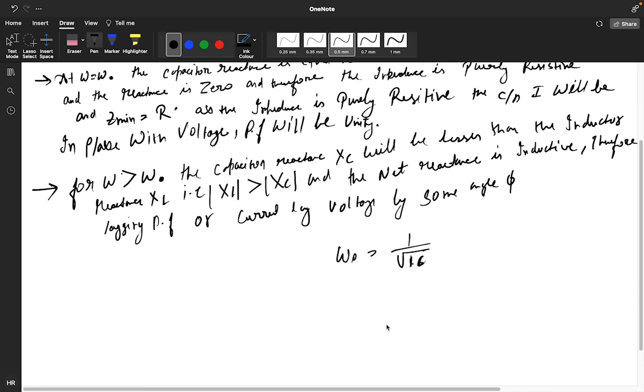So, like, see, suppose you have an inductor of 5 Henry, and the capacitor is 25 microfarad. So you multiply 5 into 25 and take 1 upon the root, so you will get some value. Suppose you get 100 radian per second.